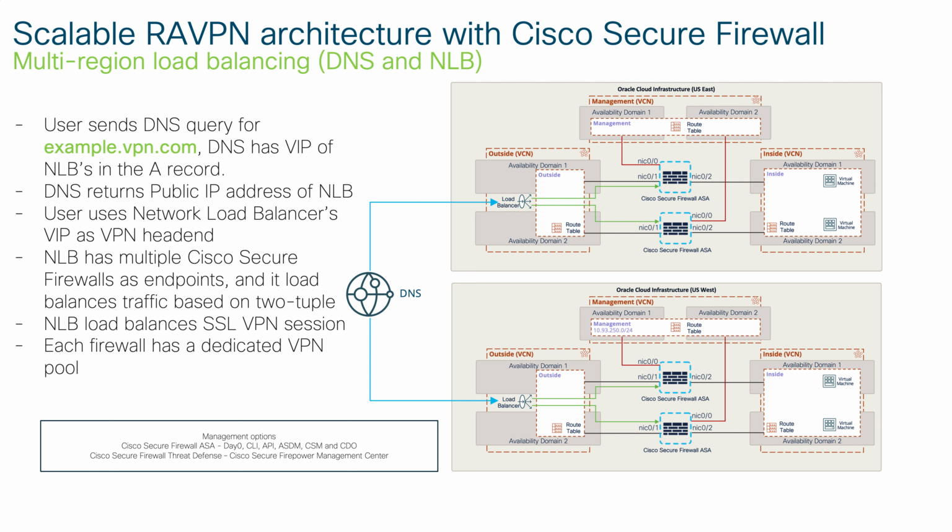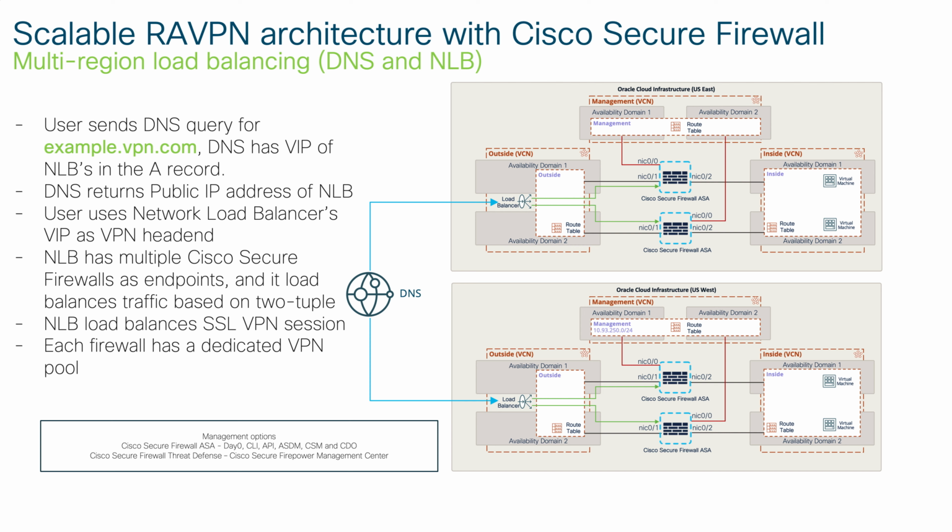For example, in US East there is a load balancer, and in US West there is another load balancer. So on my DNS, I have two records. The first record points to my load balancer in US East. The second record points to the second load balancer in US West.